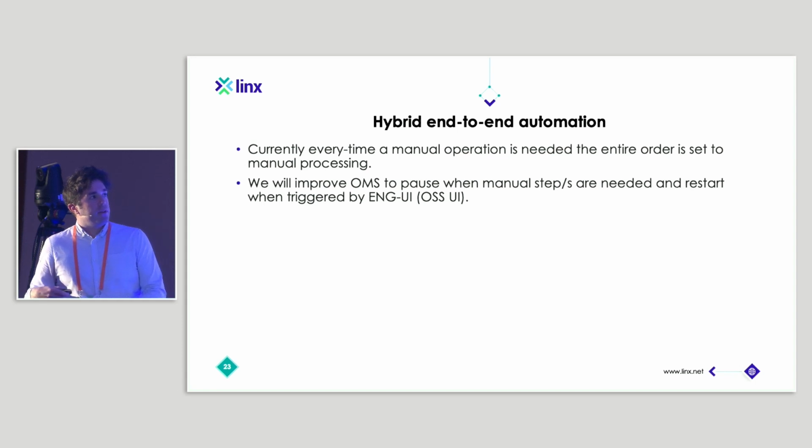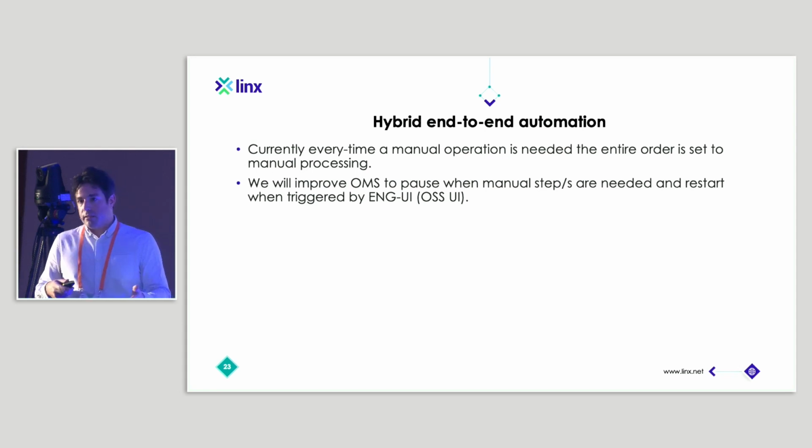Because of that, we will improve the OMS to pause when a manual step or steps are needed, and restart when triggered by the NGUI, which is the Operation Support System UI. So if a physical port is requested with, I don't know, a PVLAN, then the part that is plugging in the physical port, the order is paused until that is done.